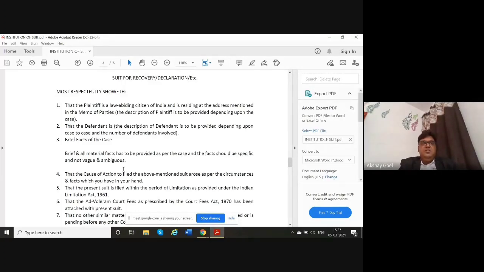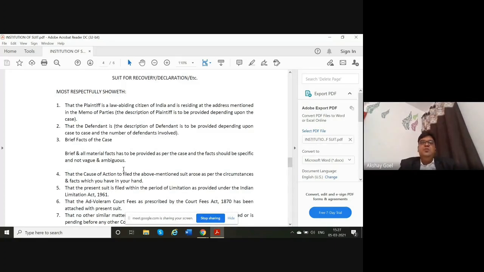But if the value is more than 4 lakh rupees, the court fees is calculated like this: up to 4 lakh rupees, it is 6,248, plus for every 5,000 you add 48 rupees and 80 paisa.